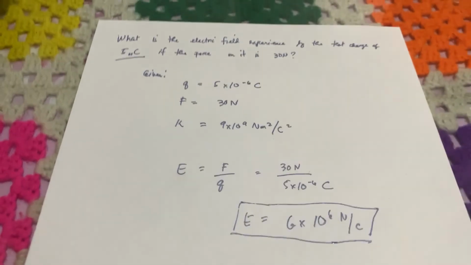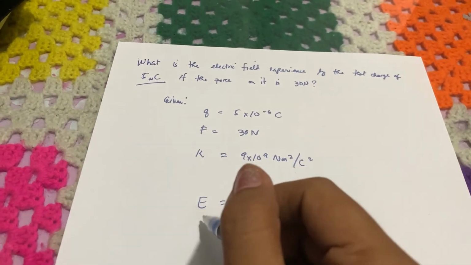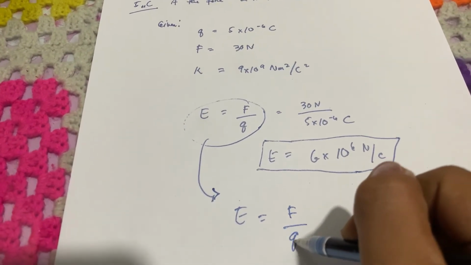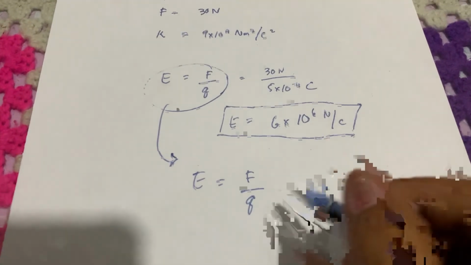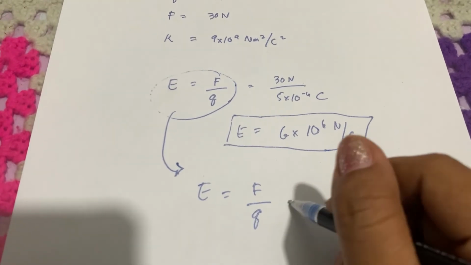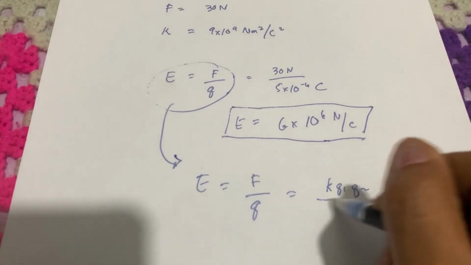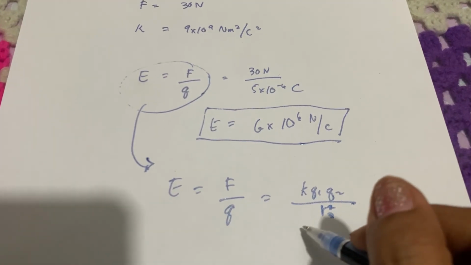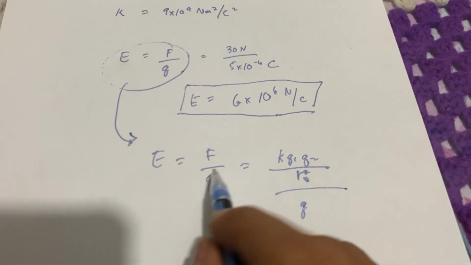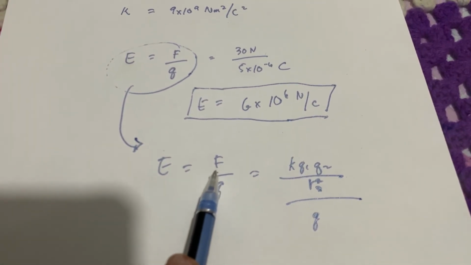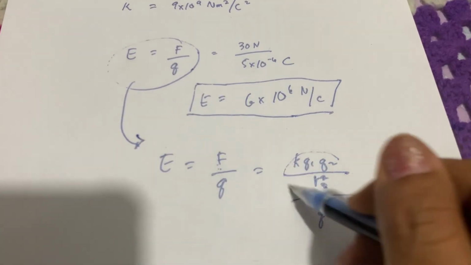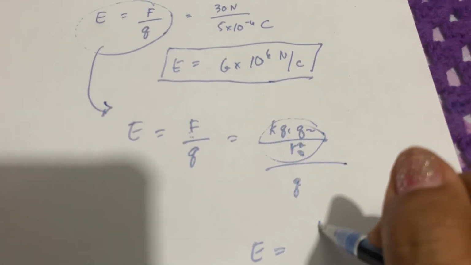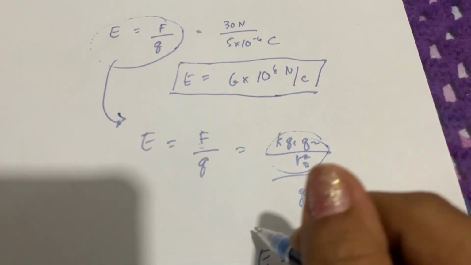Now, when are we going to use this K? Remember this formula, E equals F over Q. For example, we replace F with K Q1 Q2 over R square, all over Q. So we only replace the value of F with this formula, and we will have K Q over R squared.